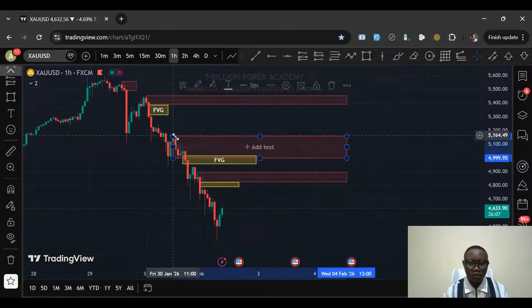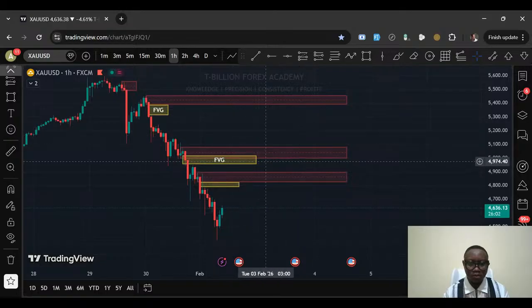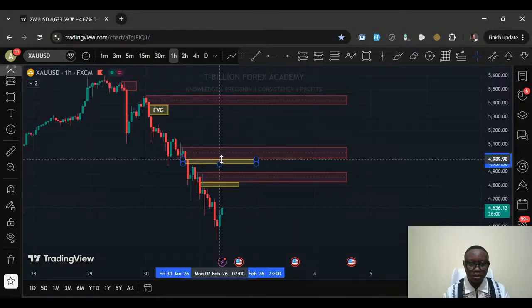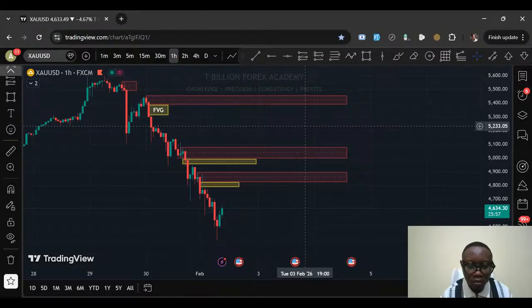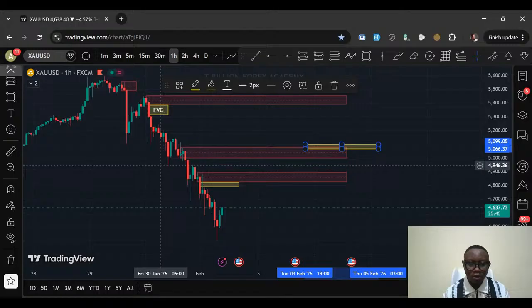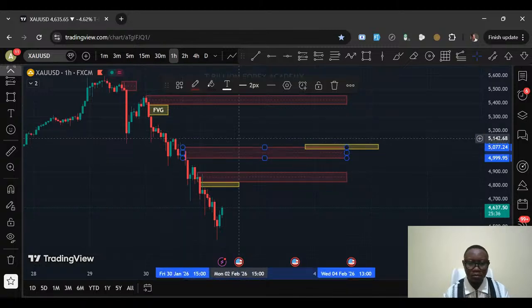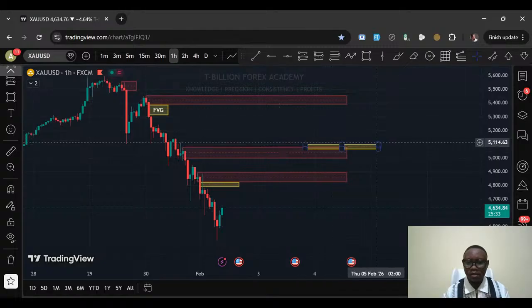For this, we can further refine this to this candle, then our FVG goes here. Let's leave it like this.